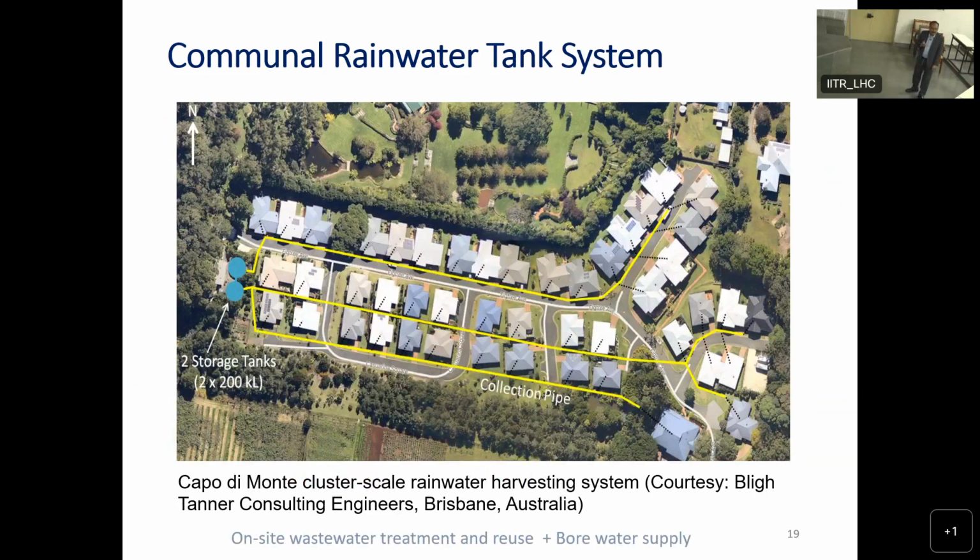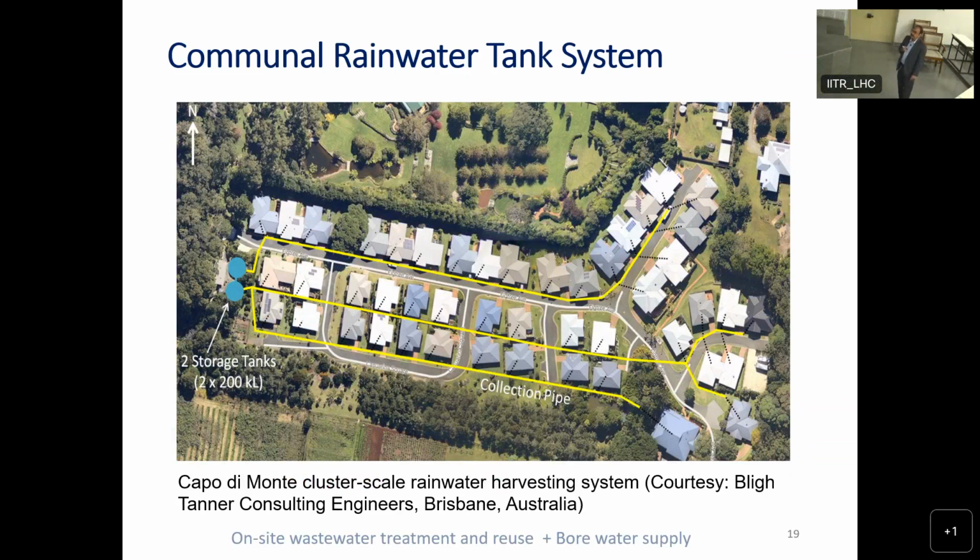So this is a development close to the Brisbane area, which is a retirement village of 50 homes. And the name is Capo di Monte, I think it is a French-based name.